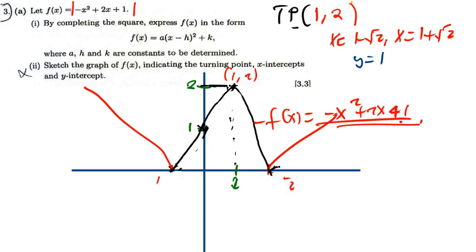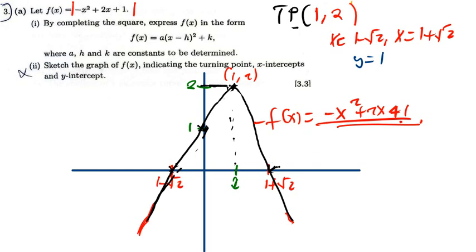What if there is a modulus, but again there is a negative outside? It means you reflect the positive part to this side, so here there will be negative 1, here there will be negative 2. You reflect it down, and if you want you can leave the original in dotted form.